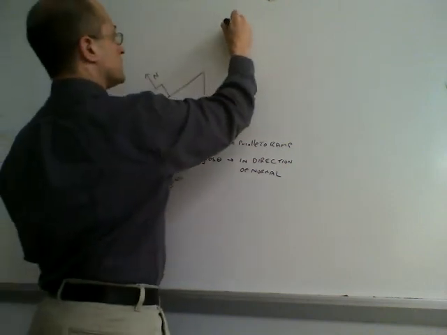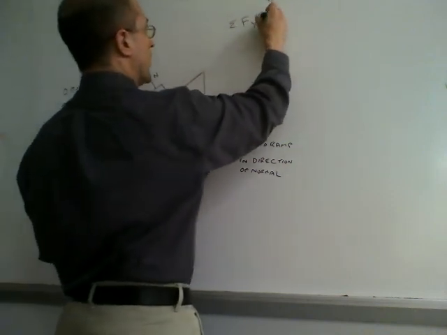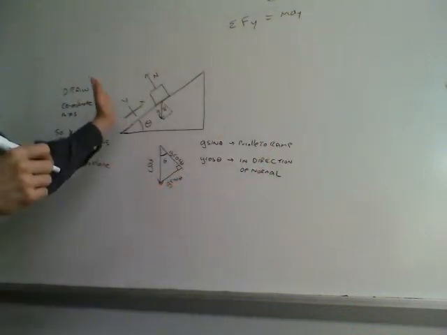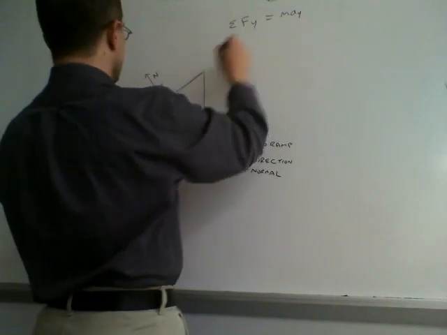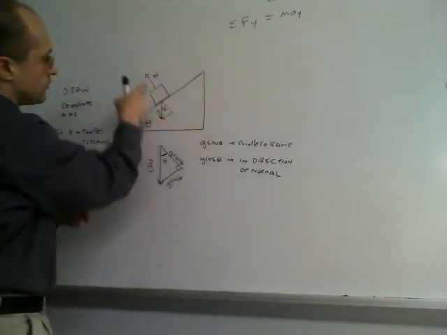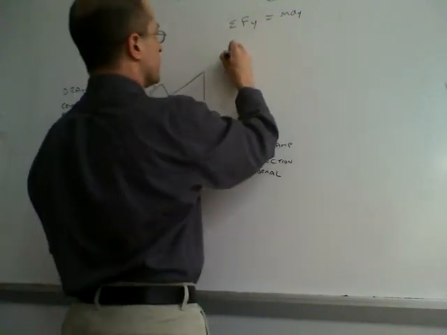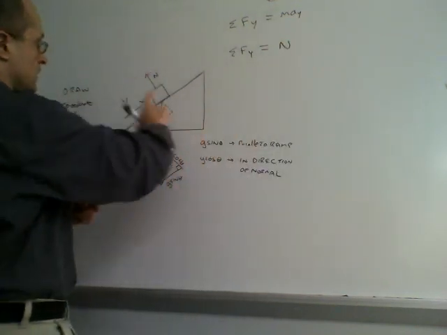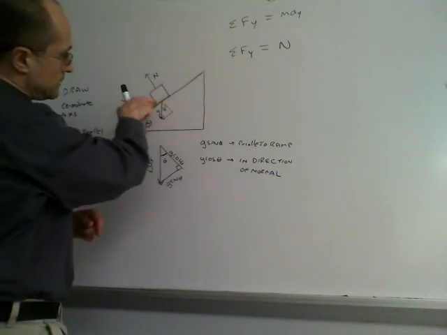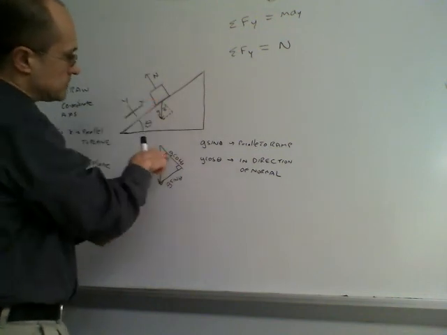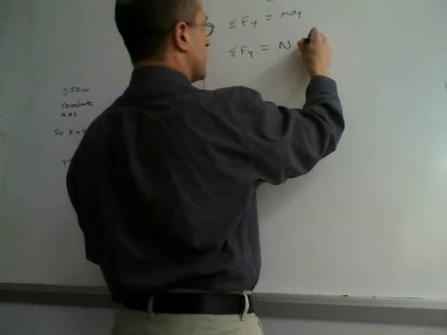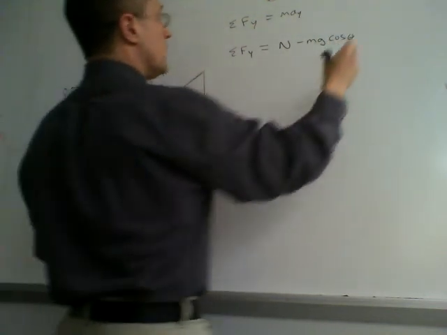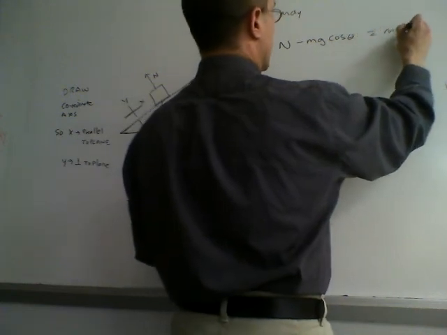Now when we look at the sum of the forces in the y, those equal MAY, but we're going to look at our rotated axes. The sum of the forces in our new y direction would be the normal force, and it's pointing up, but this time it's minus mg cosine theta, and that has to equal MAY.